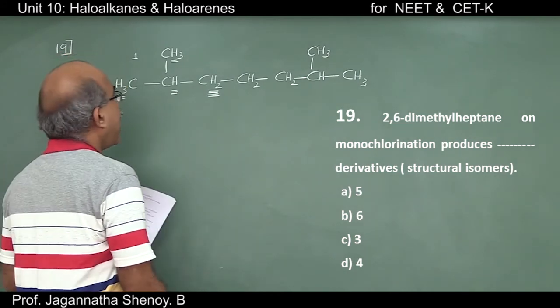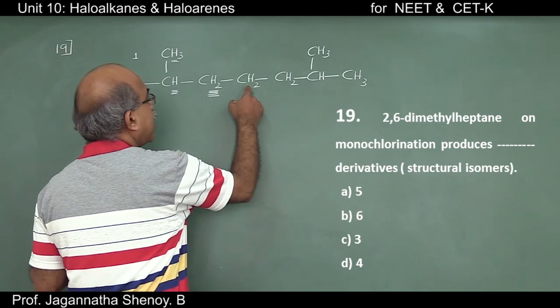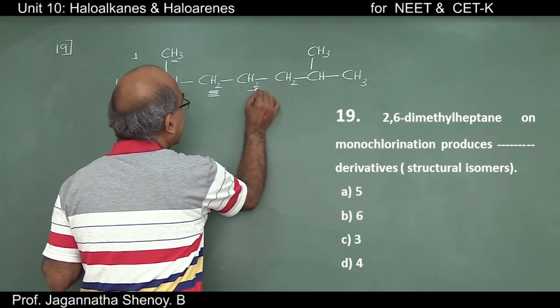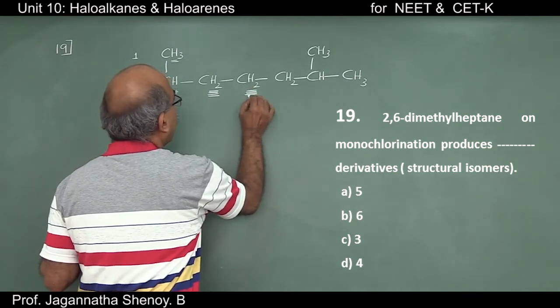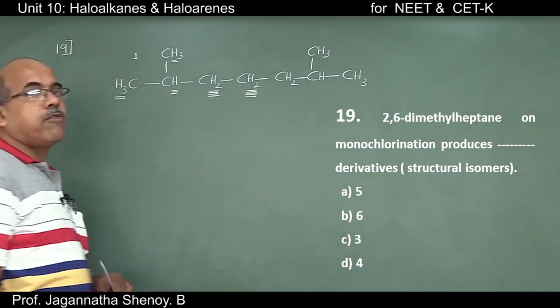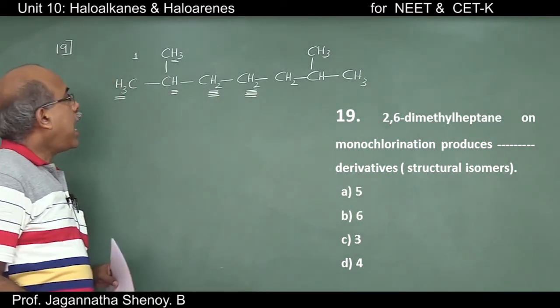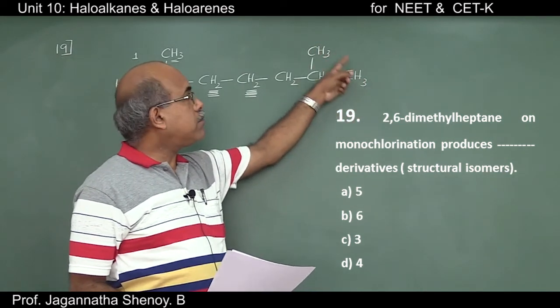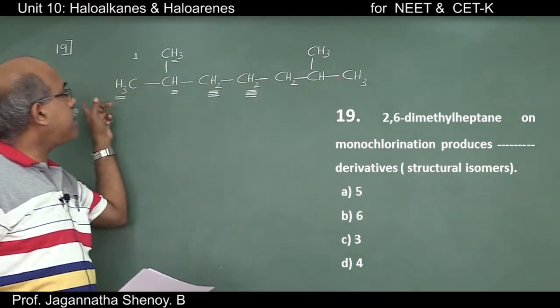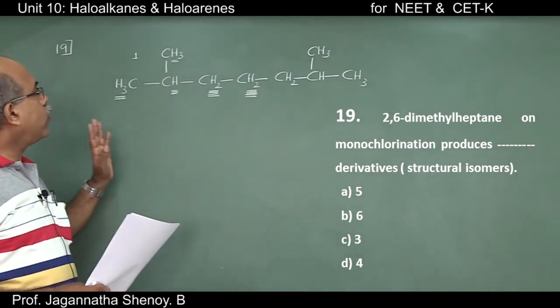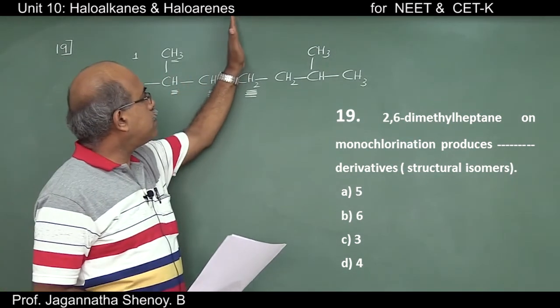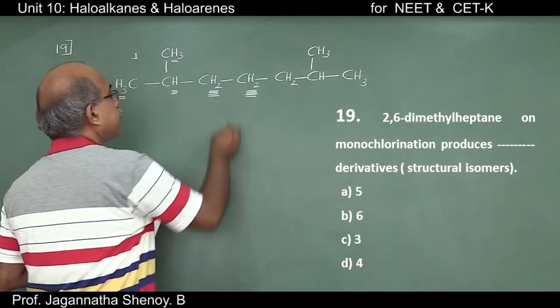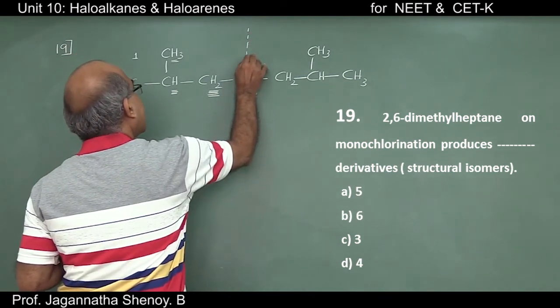And then I can replace even this one hydrogen atom by a chloro group. So this can be one more. And let us not talk about substituting hydrogen atoms on this side, because it is going to be the same as this. Because when you look at this molecule, it is a symmetric molecule.